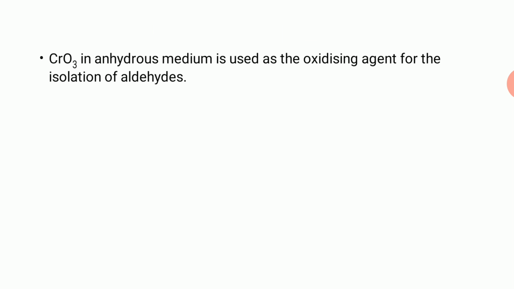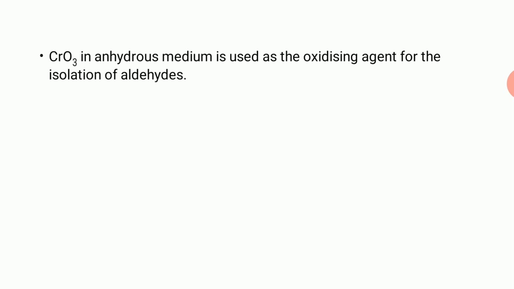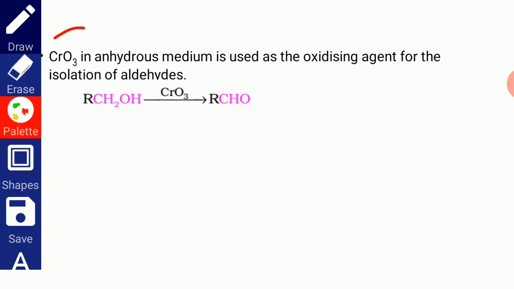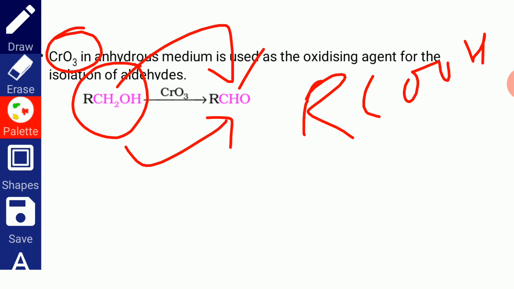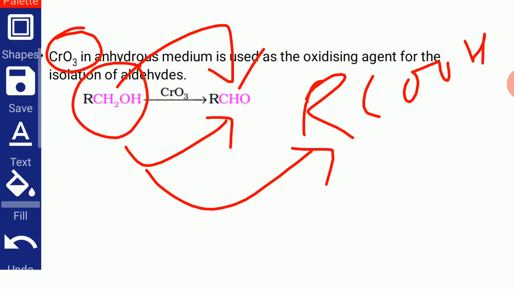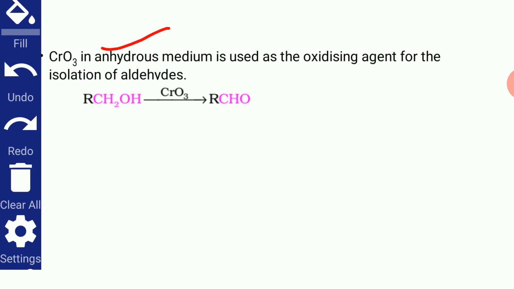If a mild oxidizing agent like chromium trioxide is taken, the alcohol will convert to an aldehyde instead of an acid. If we need to obtain the aldehyde from an alcohol in a single step, we need to use a mild oxidizing agent like chromium trioxide.